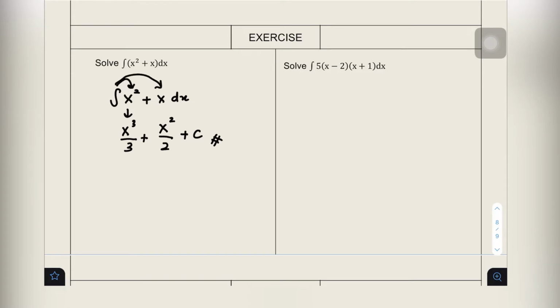So what you will have is integration of x squared with respect to x plus, we follow the operation sign here, integration of x with respect to x.